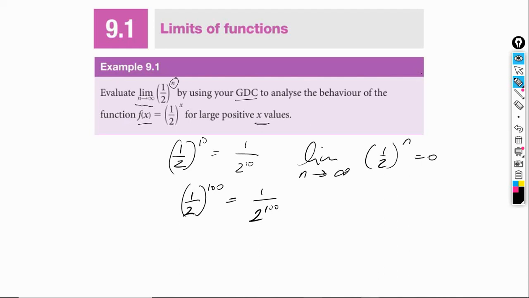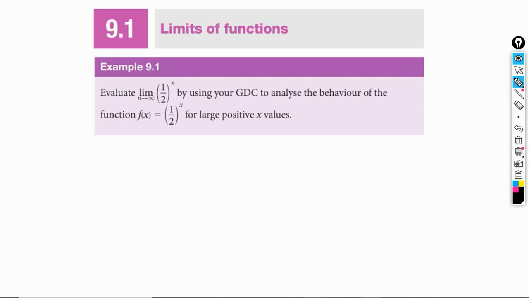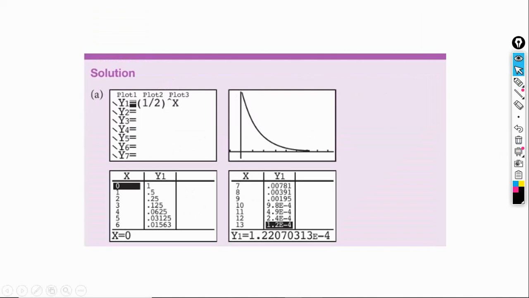If you divide 1 by larger and larger numbers, you get closer and closer to 0. So we're going to see that in the next slide where there is a graph. So let's move on to the next slide. And we can see here precisely the graph of (1/2)^x.